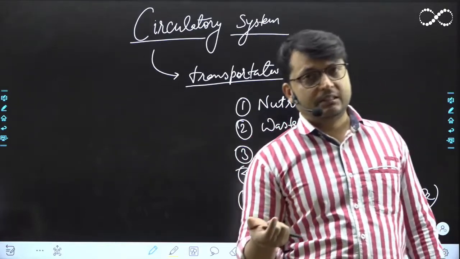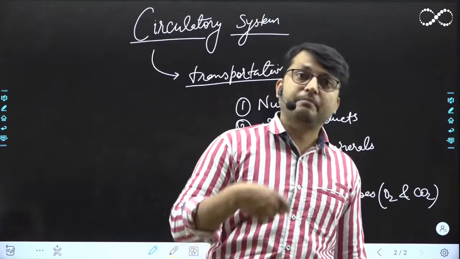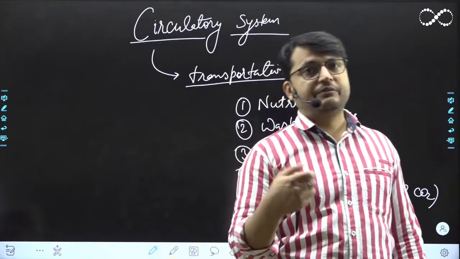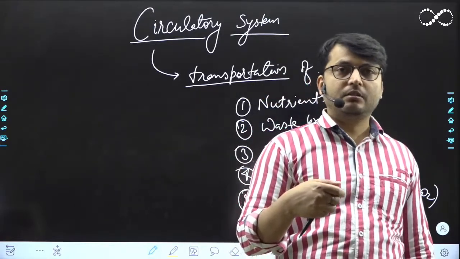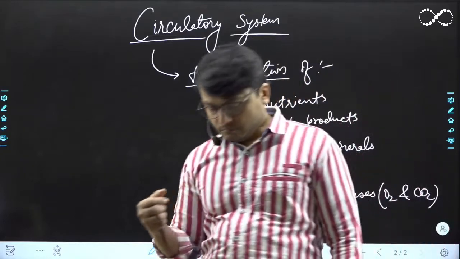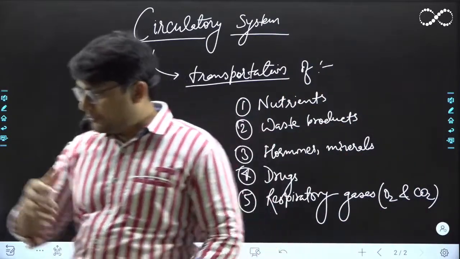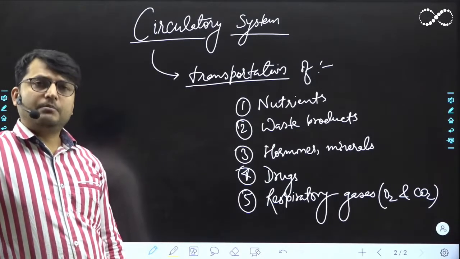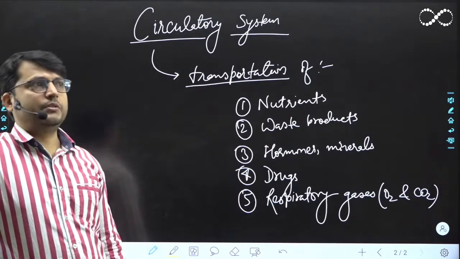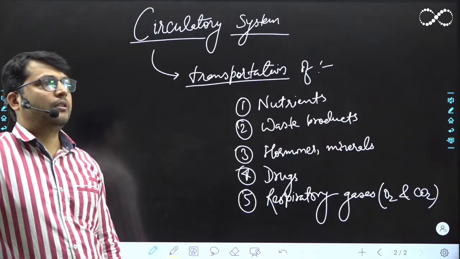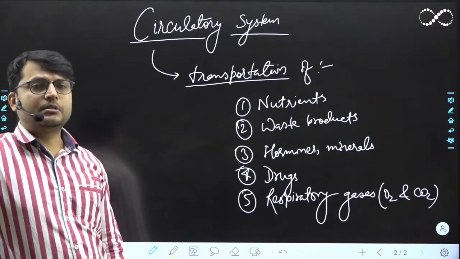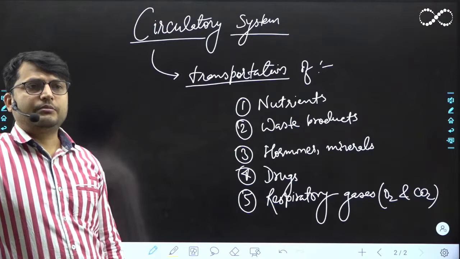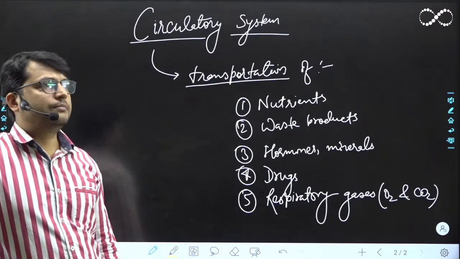Then it is around 6 to 7%. If as bicarbonate ion, then it is 70%. Okay, and if it is the carbamino hemoglobin, then it is 20 to 25%. Okay, so you have to look at the options.